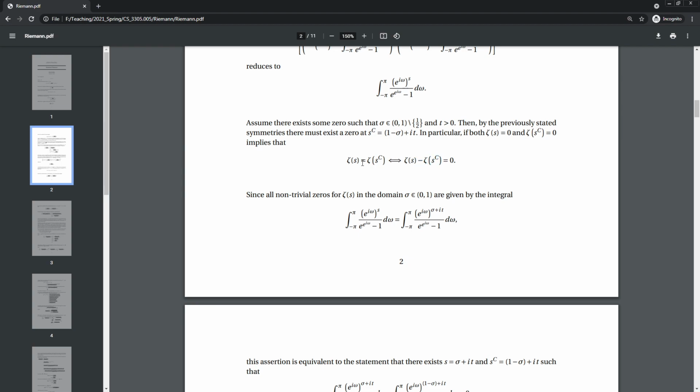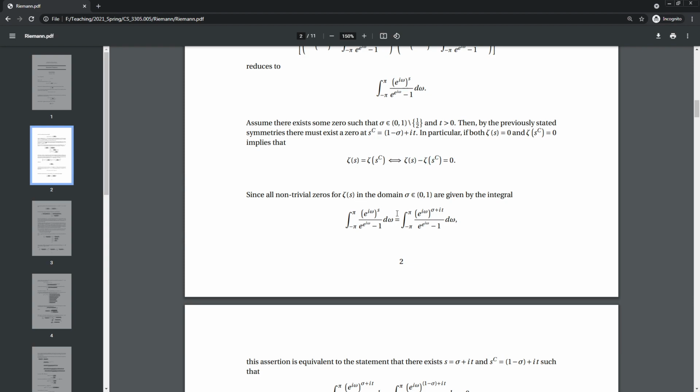If they're both 0, then they're equal to each other, and that is logically equivalent to saying that their difference is 0 at those points. So there's no distinction between sigma equal to 1/4 and 1 minus sigma equal to 3/4. They evaluate to the same output. There's no distinction between these values.